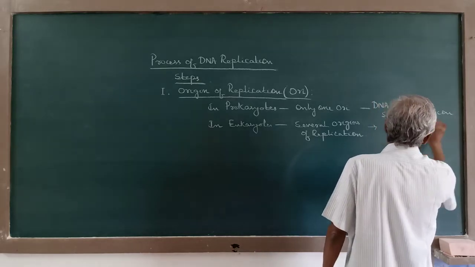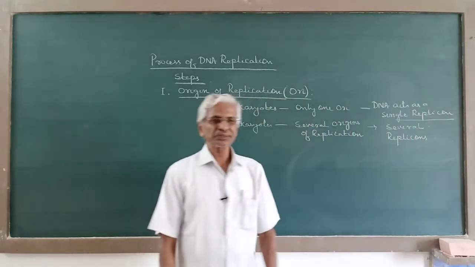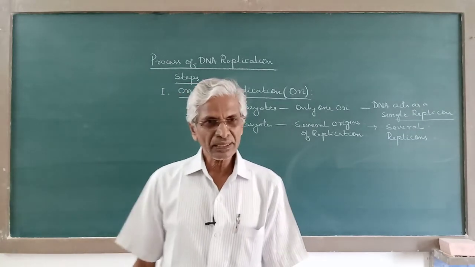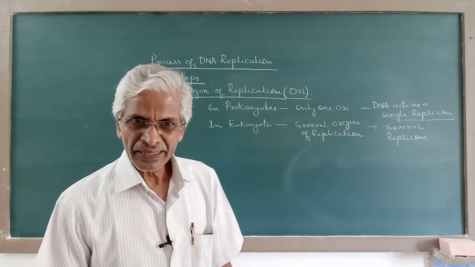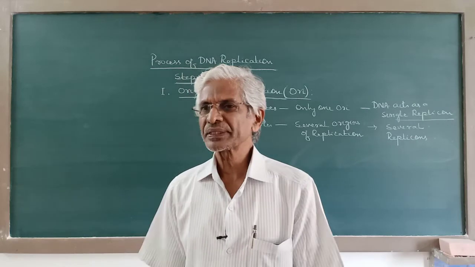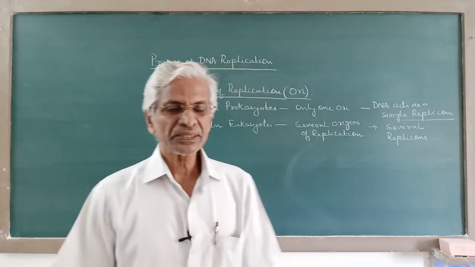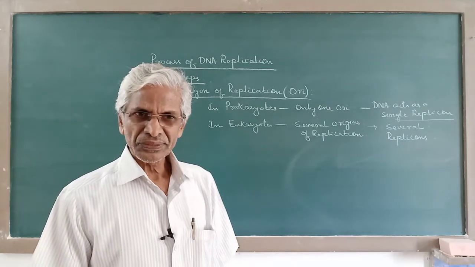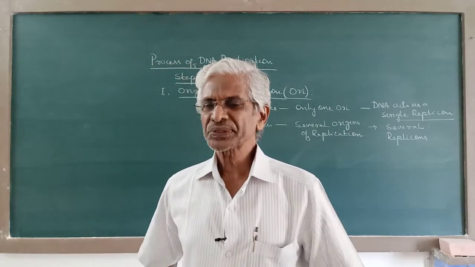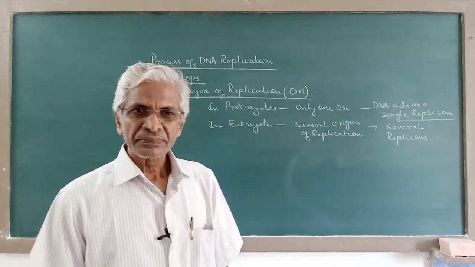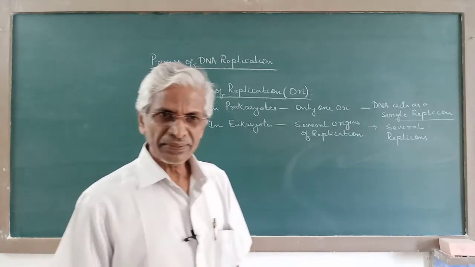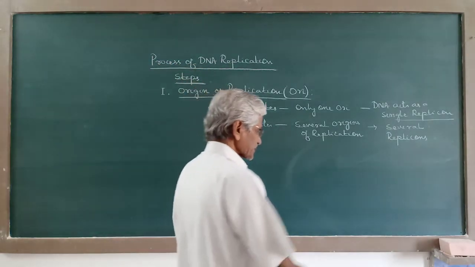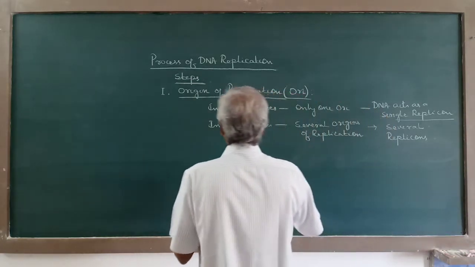So there is a single replicon in prokaryotes, and there are several replicons in eukaryotic DNA. What is a replicon? Replicating unit. So prokaryotes have a single replicon and eukaryotes have several replicons.